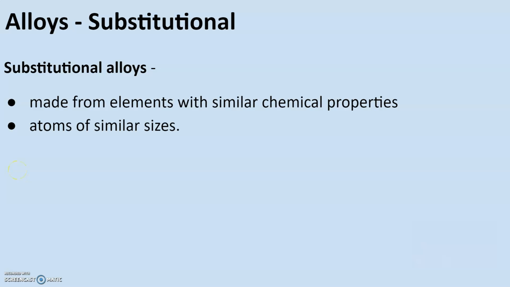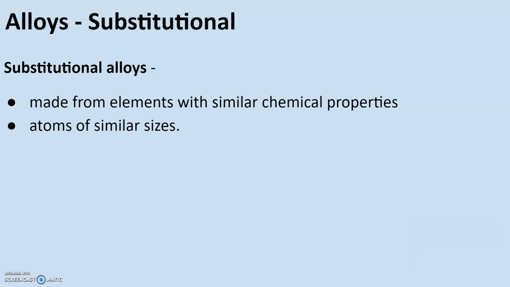Two types of alloys. One, substitutional. Substitutional, what word does that contain? Substitute. So what do you think that means? What does it mean to substitute? To take out and replace with something else, right?